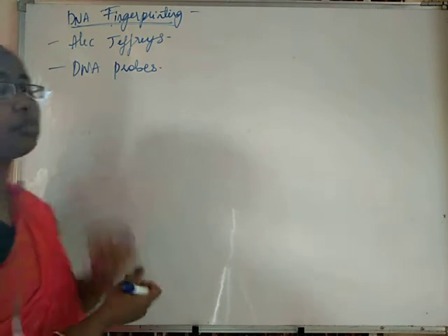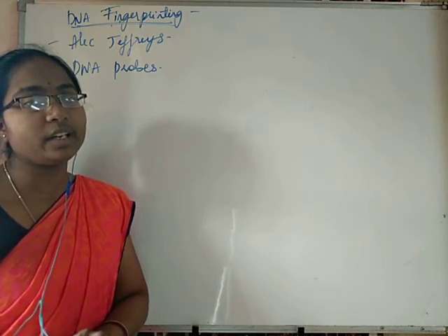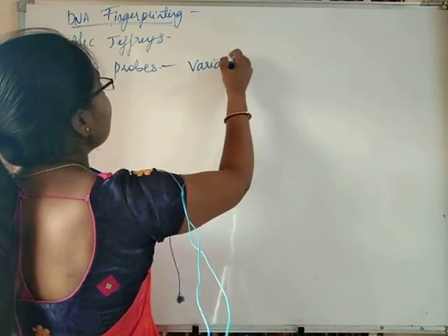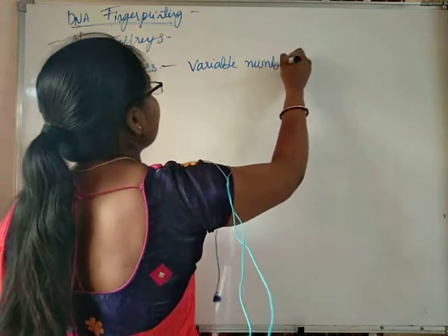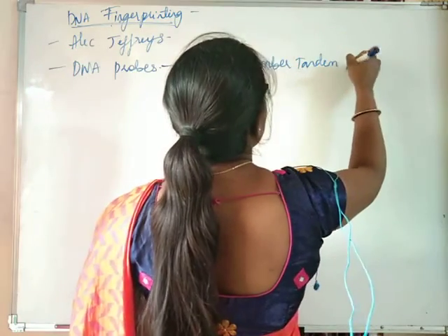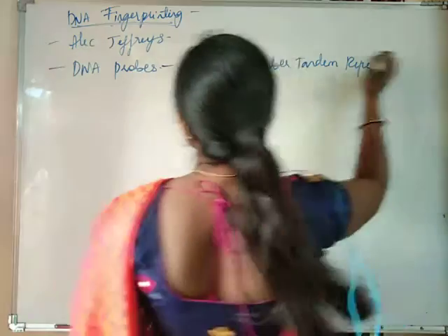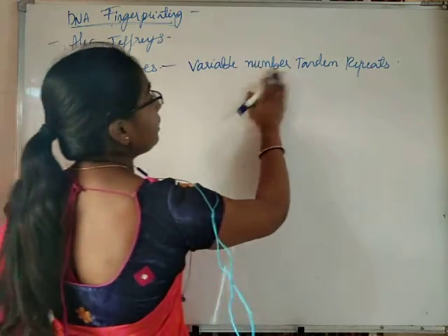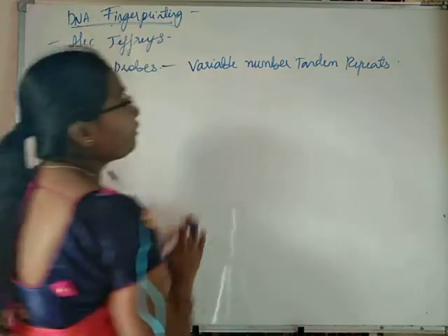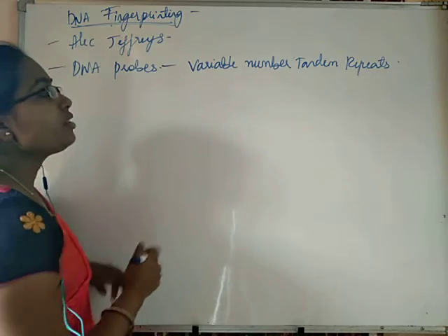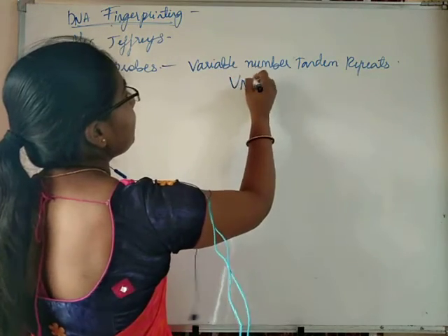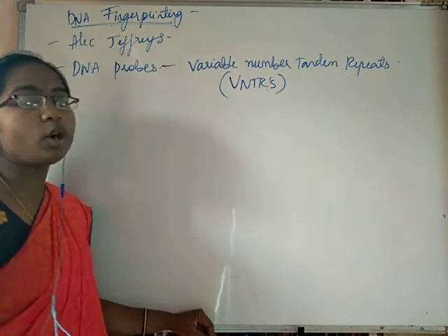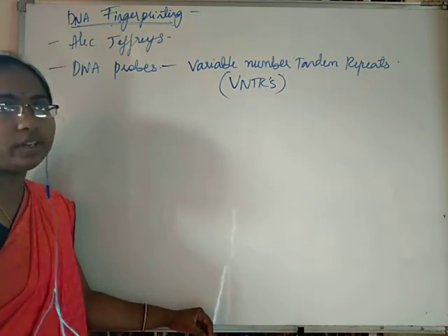What are these DNA probes which are utilized for DNA fingerprinting? The probes used for DNA fingerprinting are actually variable number tandem repeats, in short called VNTRs.